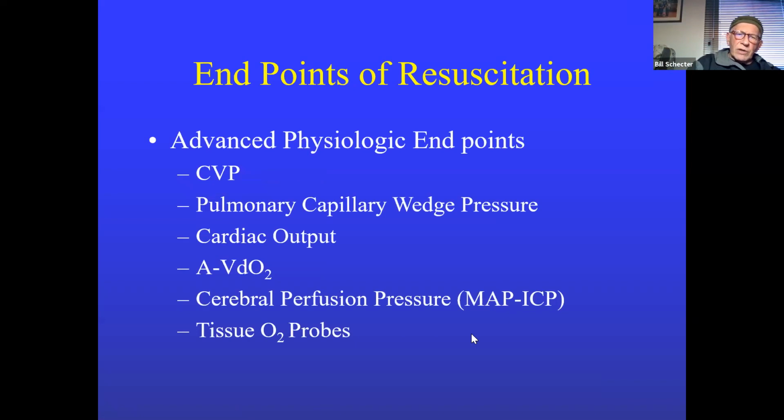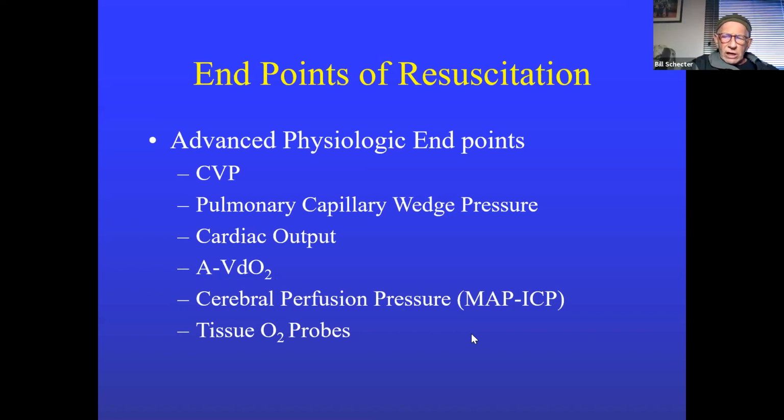And the one that's going to be most available to you is the central venous pressure catheter, because that can give you an assessment of venous filling. So obviously, if the patient is in shock and the CVP is 0, and you resuscitate the patient, and now the CVP is 10, that's physiologic evidence that you restored intravascular volume. In the past, in the high-income countries, there was widespread use of pulmonary capillary wedge pressures.